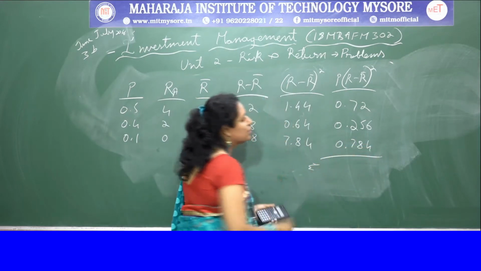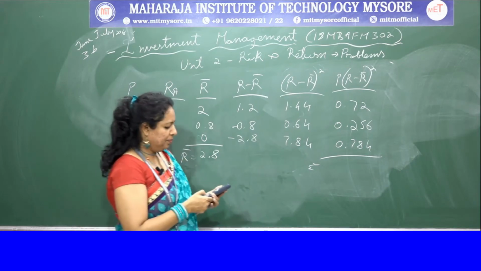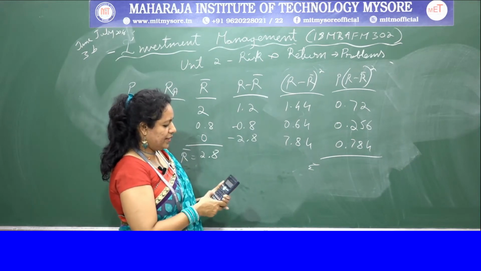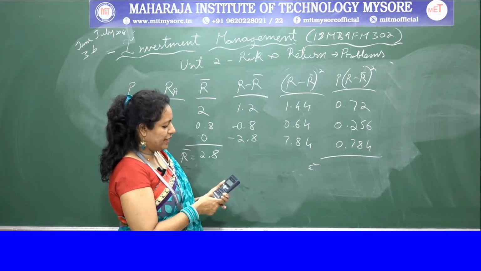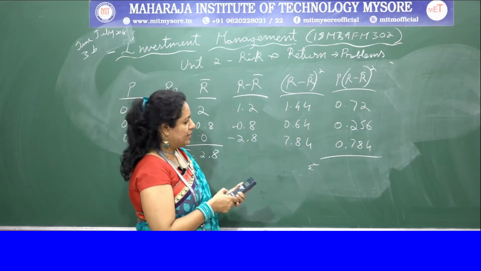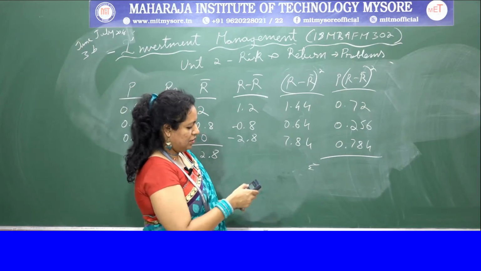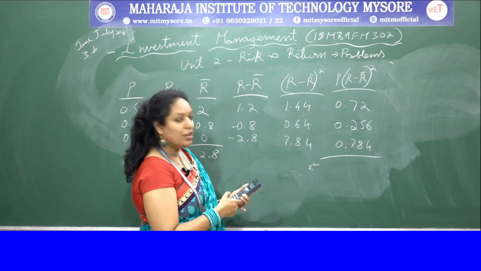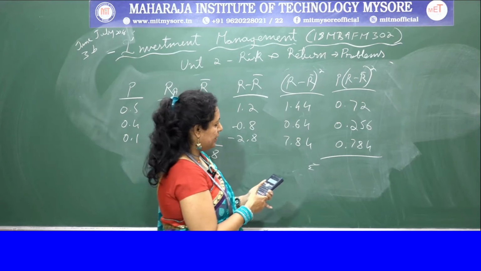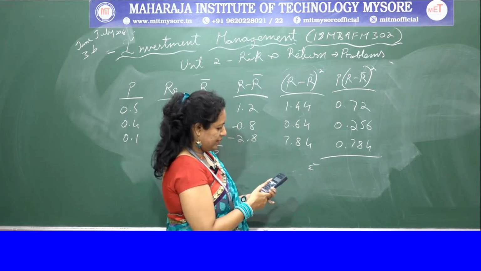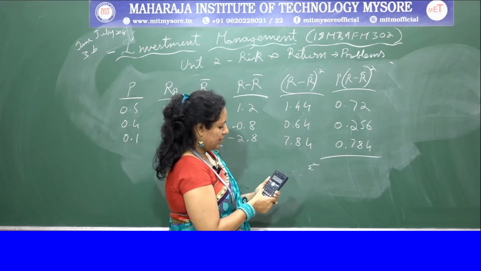0.784. So for this we are going to do the sigma, that is 0.72 plus 0.256 plus 0.784.